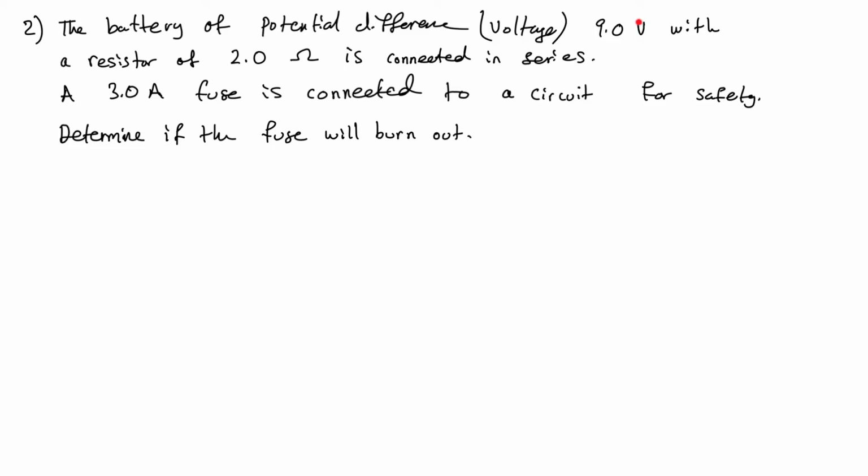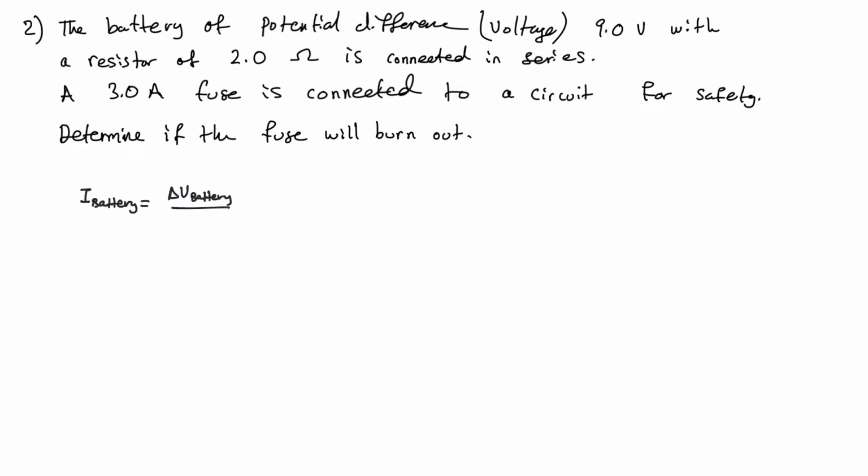So to test this, we know that the battery is 9 volts and the resistor is 2 ohms. So the total current going through our resistor here, or through the wire, is going to equal, I'm just going to say I battery is going to equal the voltage across the battery divided by the resistance.